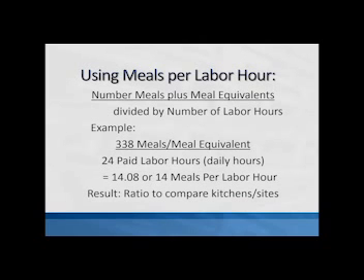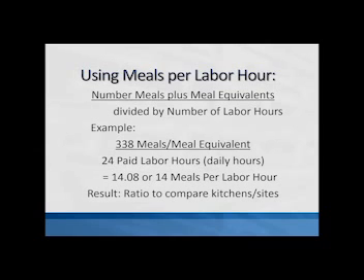And then a second number you'll want to start to look at is a productivity number, which would be your meals per labor hour. Once you figure out how many meals and meal equivalents you have, you can divide that by the number of labor hours to see how productive each of your kitchens are.